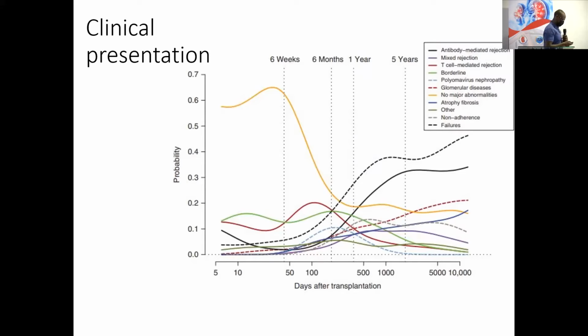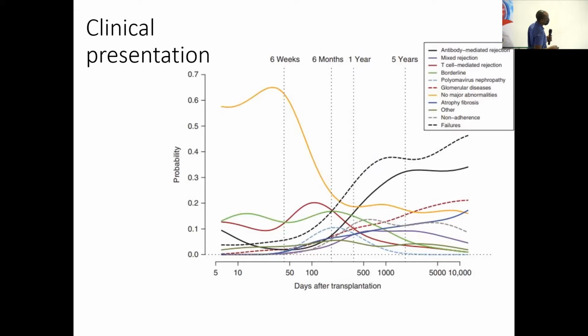So the thing I want to point out there is, and I think some of the speakers have mentioned this, that line there shows that almost relentless rise in the incidence of antibody-mediated rejection, contrasting it to the incidence of cellular-mediated rejection.